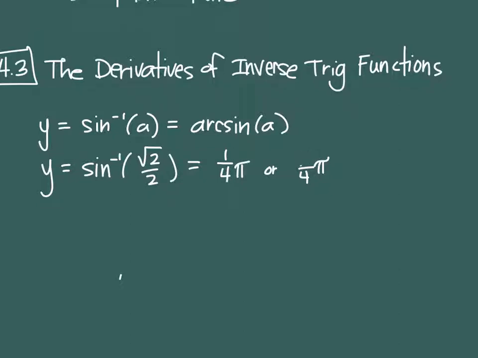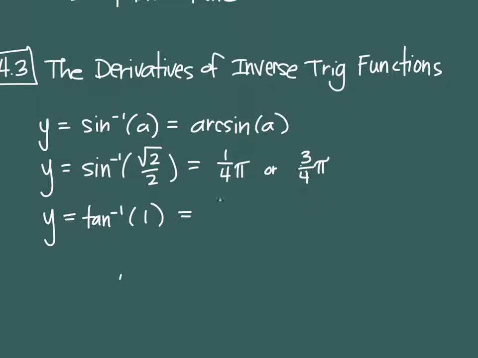You got to watch the domain that you're given so that you know which window that you are, which quadrant you're supposed to answer from, because there are multiple answers to inverse trig functions. Another one, like tan inverse of 1. Well, that happens twice also.